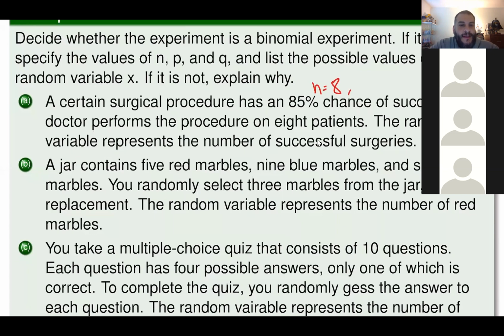All right, so do they tell us the probability of this event occurring? So do they tell us the probability that the surgery is a success? 85%. Yeah, so they do. So they tell us it is 85%. All right, so if we know 85% of the time is a success, if I wanted to find the failure, you do 1 minus 0.85, which is equal to 0.15.